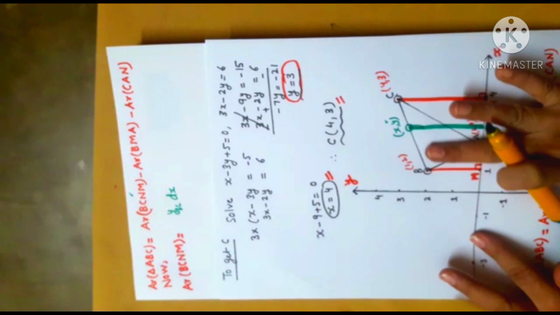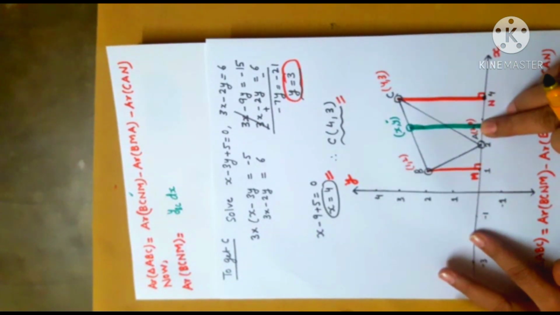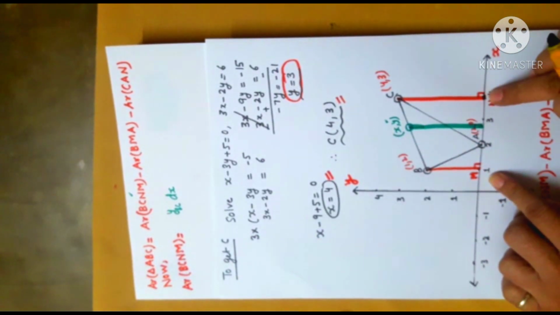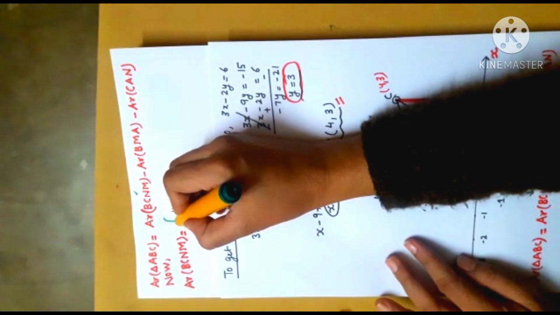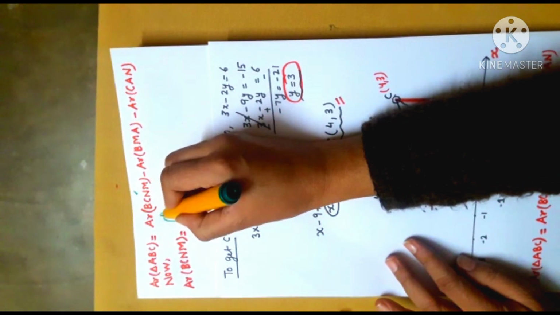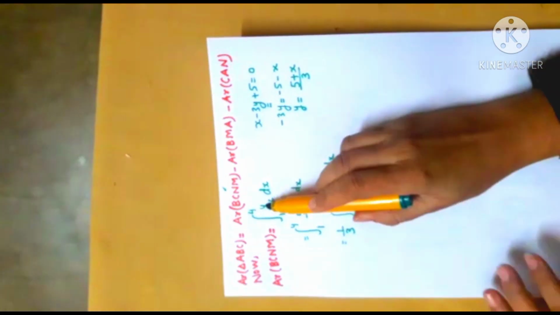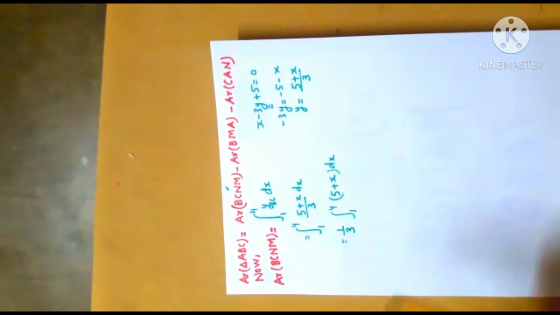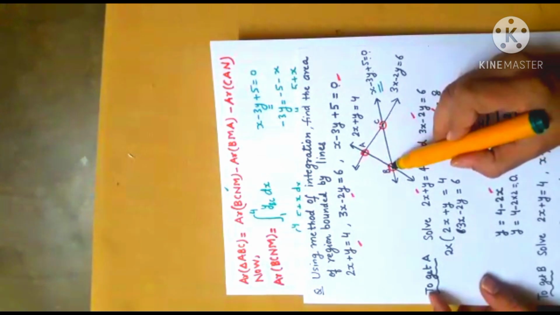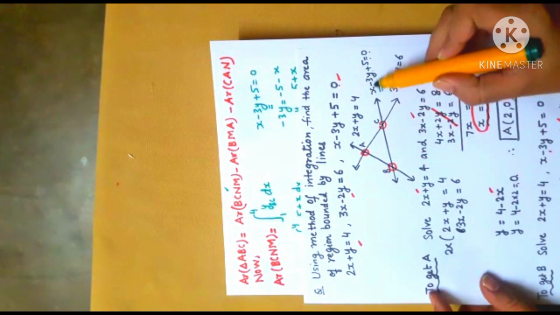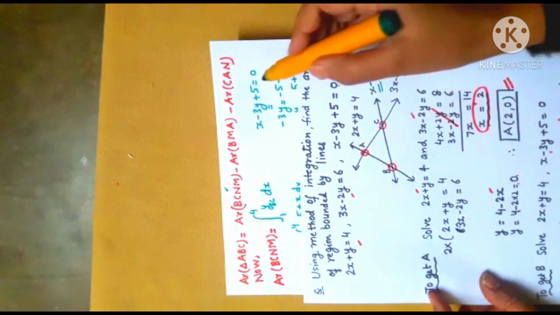Now to get the area of this region, the strip will move from 1 to 4. So limits of integration will be from 1 to 4. Now I want y of BC. Now look here. Equation of BC is x minus 3y plus 5 equals 0.